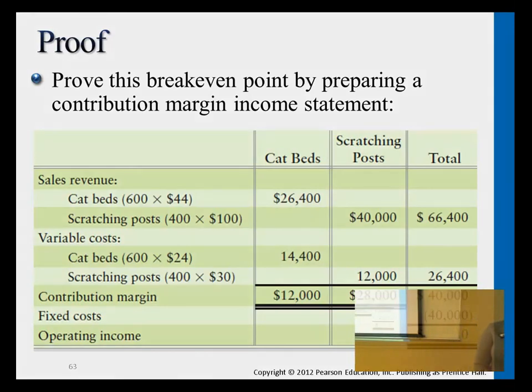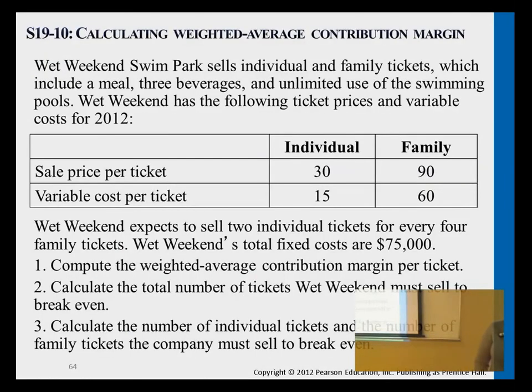All right. So I'm going to let you do this on your own. It's not difficult. Wet Weekend Swim Park sells individual and family tickets, which include a meal, free beverages, and unlimited use of the swimming pools. Wet Weekend has the following ticket prices and variable costs. So you have the sale price and the variable cost for individual and for family.